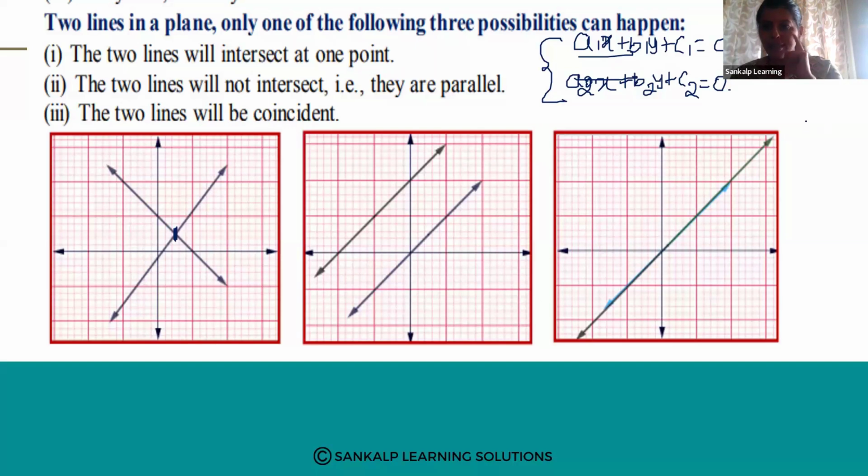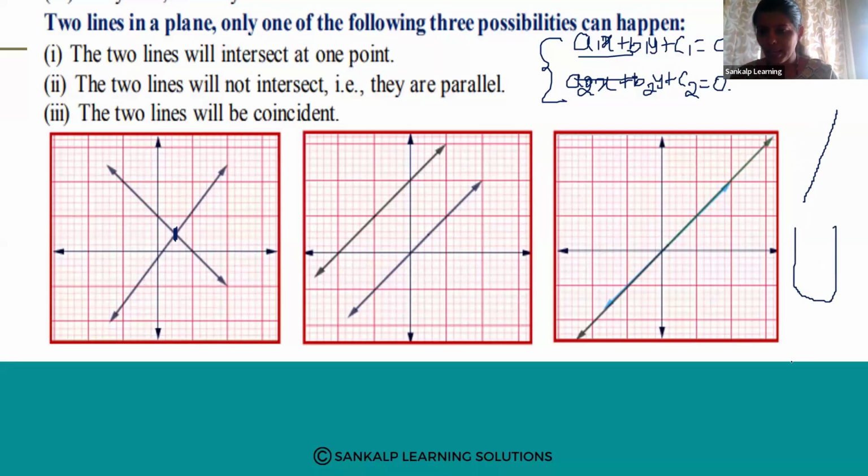When the equation is linear, the graph is always a straight line. When the equation is quadratic, then the graph is parabolic.